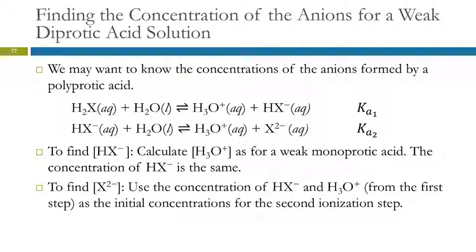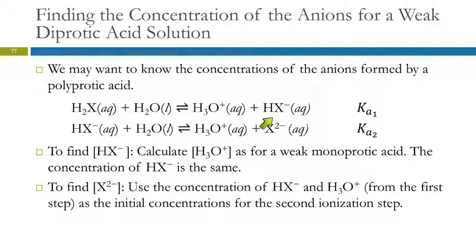Finding the concentration of the anions. So what if we want to know what the concentration of the anions are? So here we have a generic diprotic acid. We're just putting in X for an element. So H2X, we're going to have a first ionization, and then we've got the second ionization, and we've got our Kas.